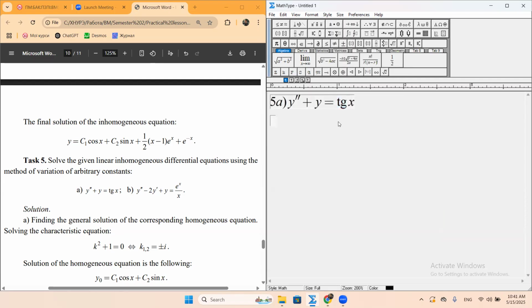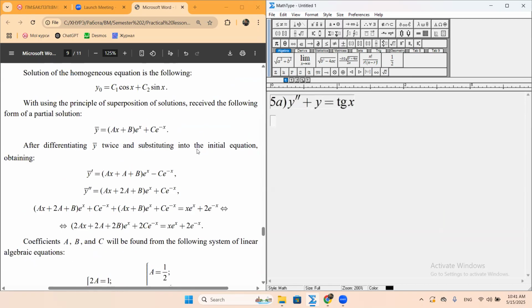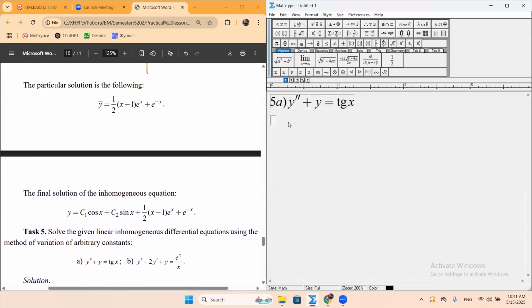It is tangents x, so not sine, not cosine of x, not exponent, and not a polynomial. So we cannot use the approach that we did before. Here we will use the method of arbitrary constants.